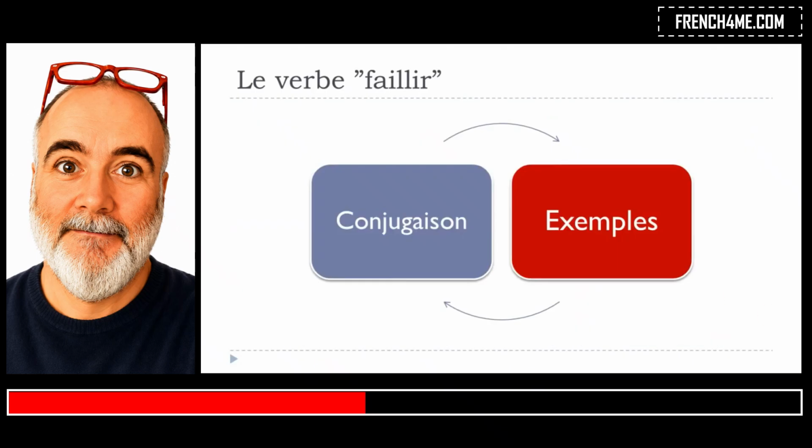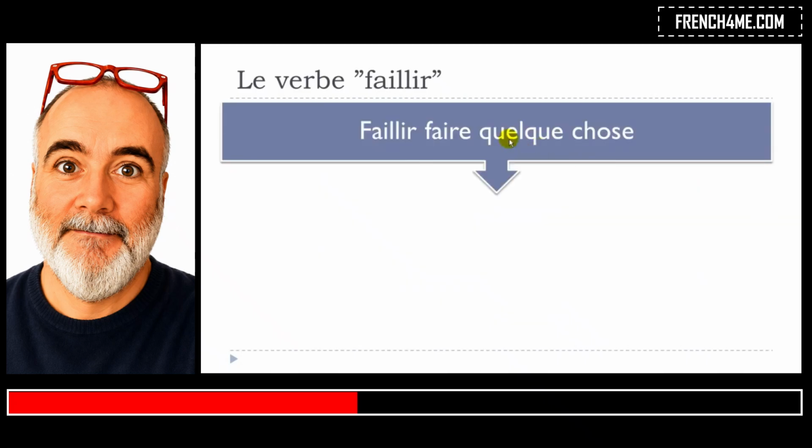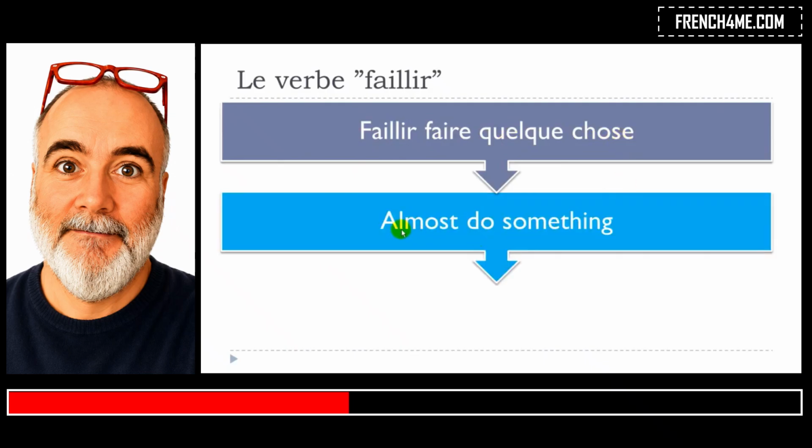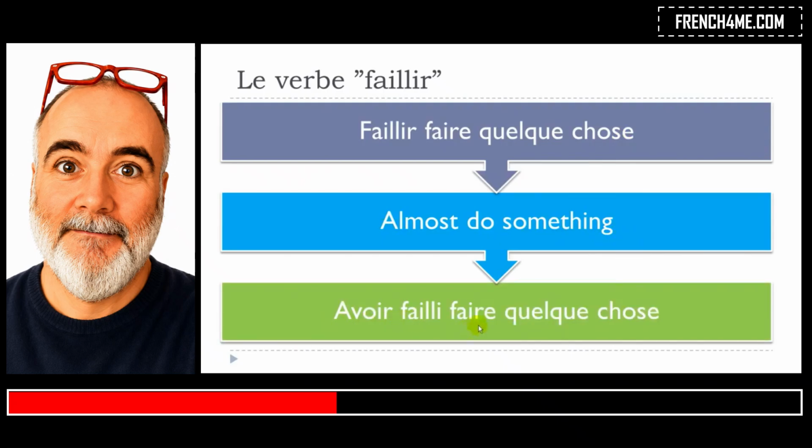So let's see now few examples. Faillir, faire quelque chose. So basically, as we saw, it's almost do something. Avoir failli, faire quelque chose. So it will be actually what you would use if you put that at the passé composé form.